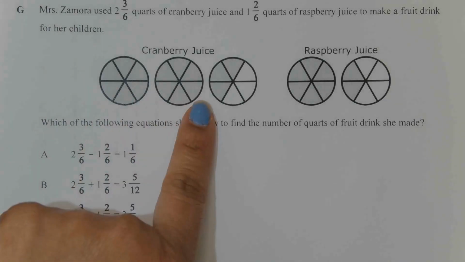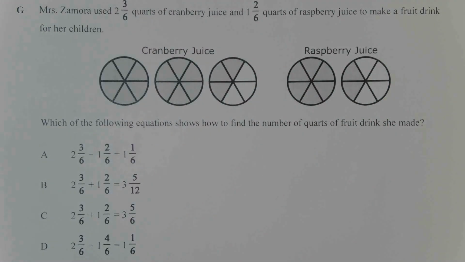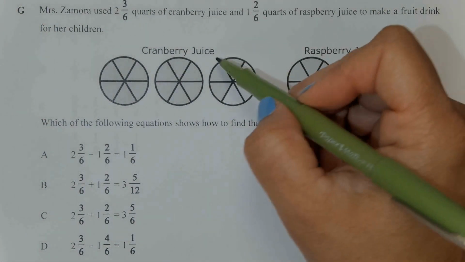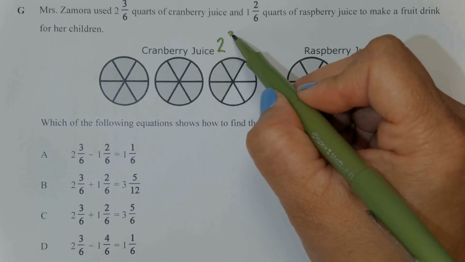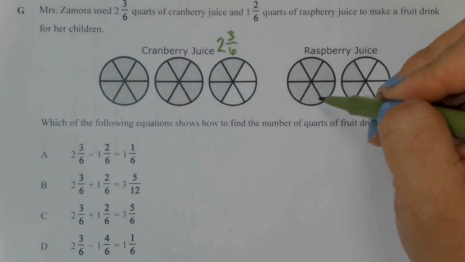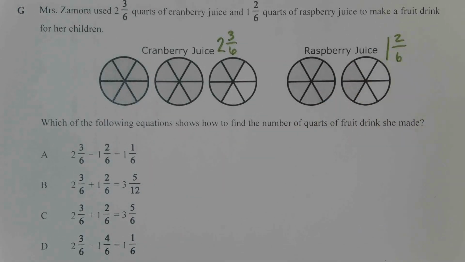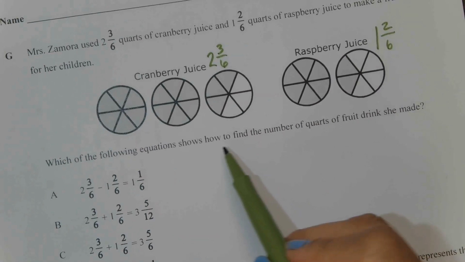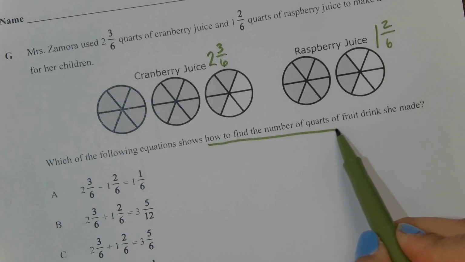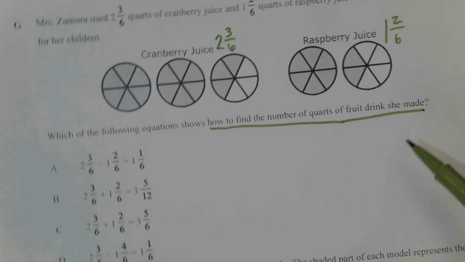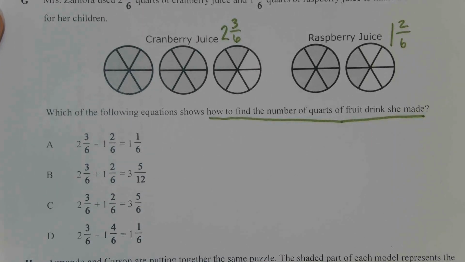So here's the cranberry juice and here's the raspberry juice. It says that she used 2 3/6. So this right here, your cranberry juice, this is 2 3/6. And then 1 2/6 of raspberry juice. They want to know how to find the number of quarts of fruit drink she made.